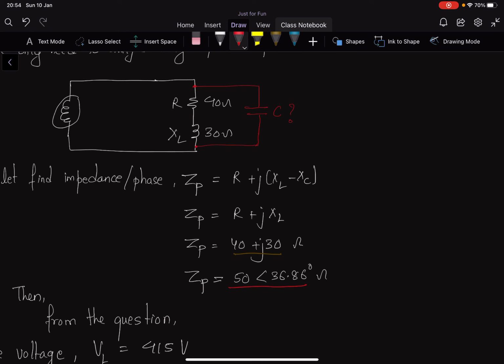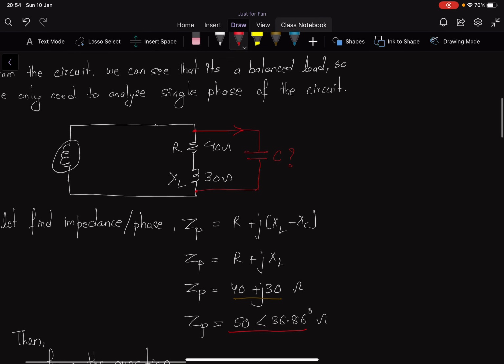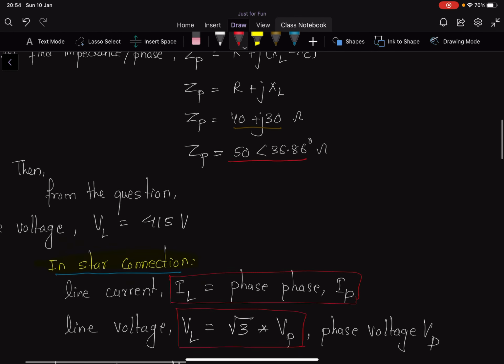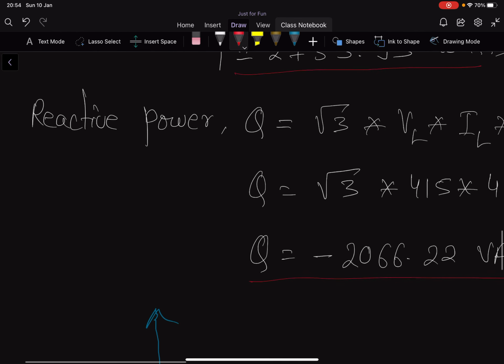The capacitor is going to produce a current, which is IC, and that IC current is going to feed back to this XL. That's how the reactive power consumed by the inductor is produced by the capacitor.